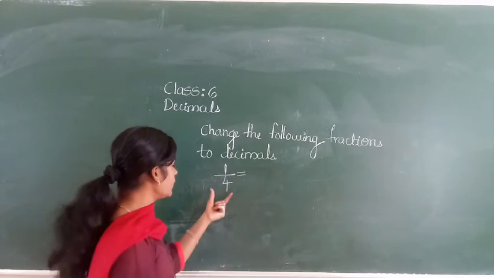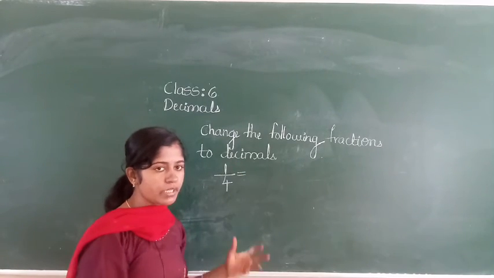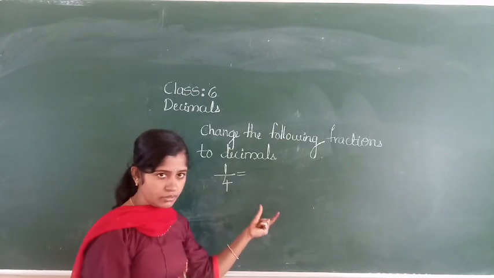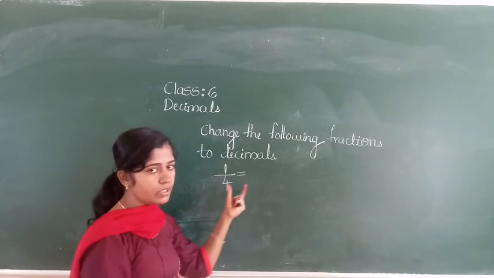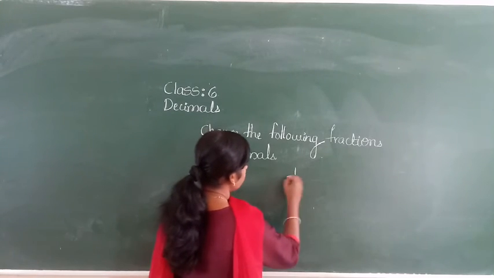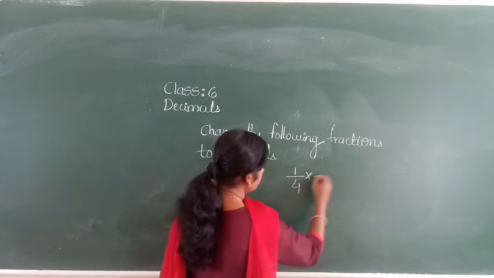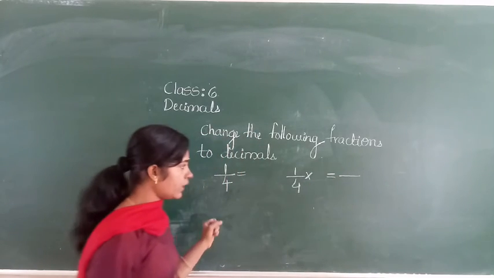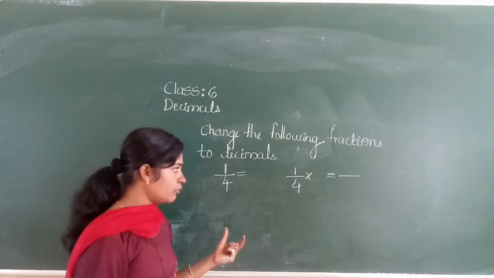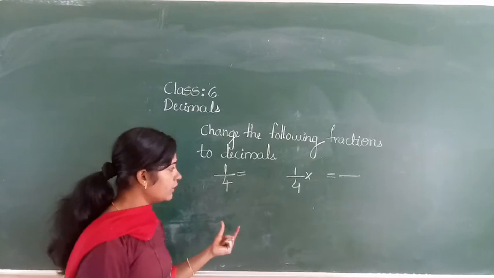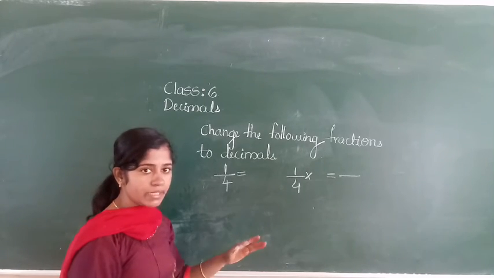But in the denominator here 4 is there. For that what to do here? I have to convert this 4 into a 10 or a 100 or a 1000. Then see here, I will take 1 by 4 into, I want here the denominator 100. Okay, I have to check 4 how much is 10 or 4 how much is 100. See here, in the 4 times table 10 is not there.